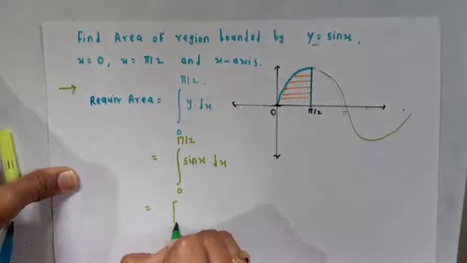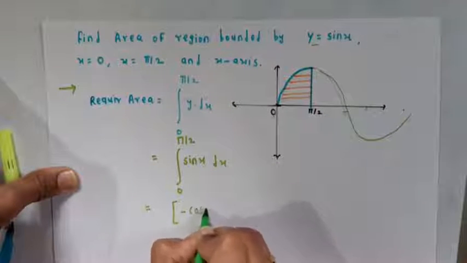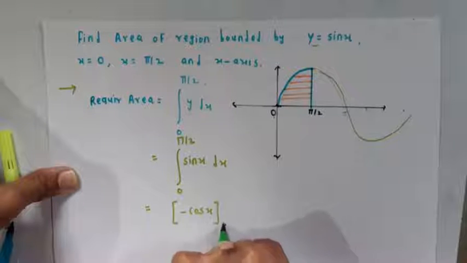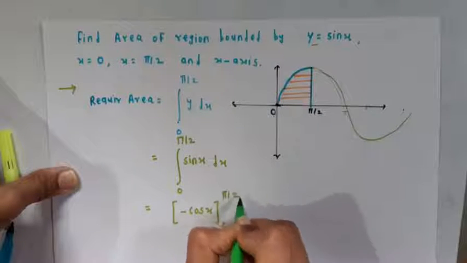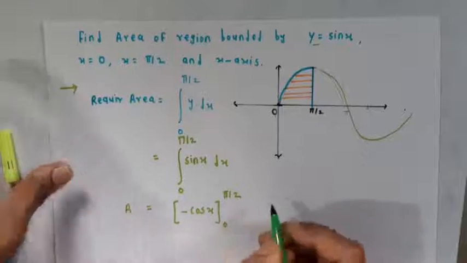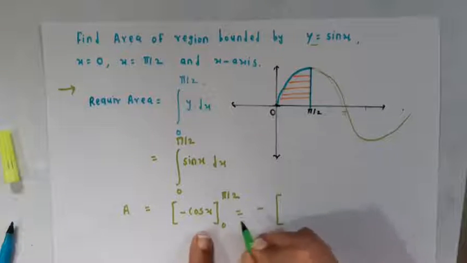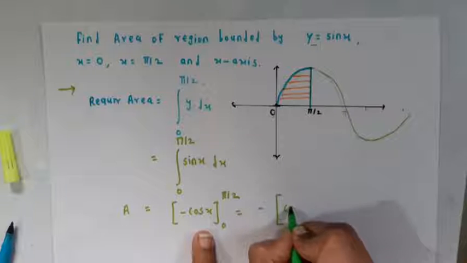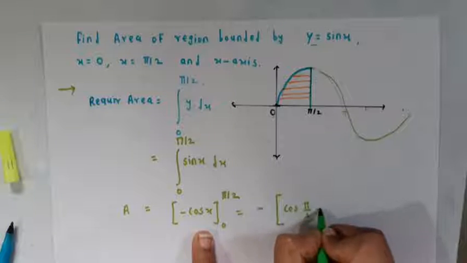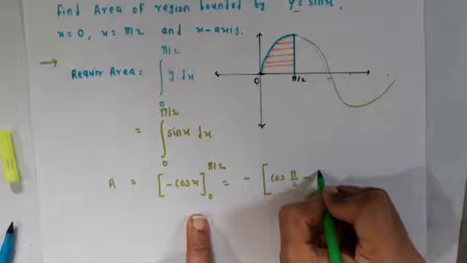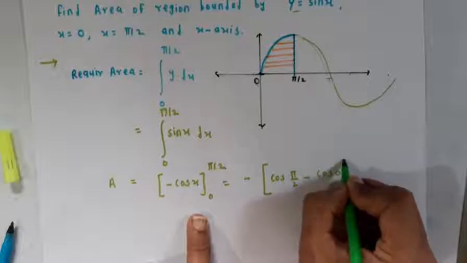Integration of sin x is minus cos x, from 0 to pi by 2, and that is the required area. So take the negative sign outside, and that is cos pi by 2 minus cos 0.